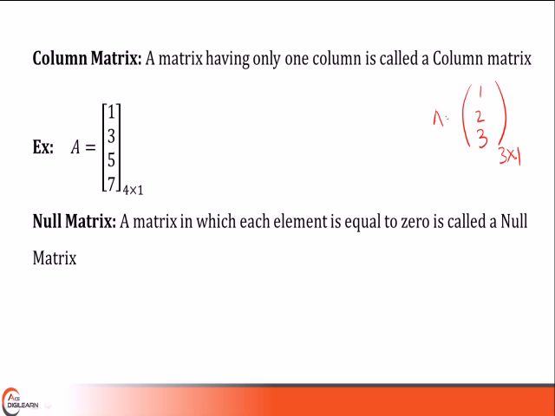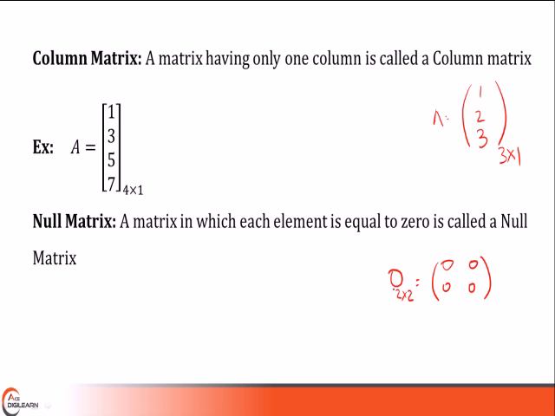Next, coming to a null matrix. A matrix in which each element is equal to 0 is called a null matrix. That means whatever elements are present in that matrix should be zeros. Whether the order is 2 by 2, or 3 by 3, or 3 by 2, any. You can see this example. This is a matrix which contains all zeros, of order 2 by 2. So it is called a null matrix of order 2 by 2.